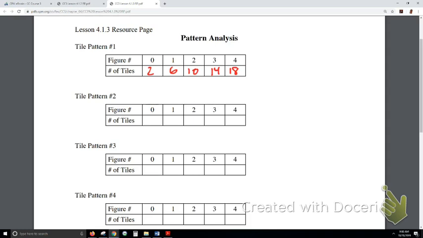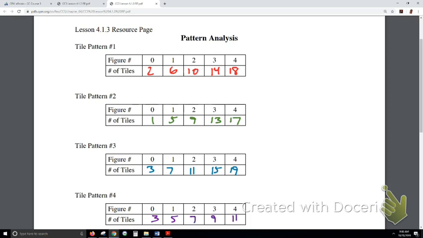For pattern number 2, we had 1, 5, 9, 13, and 17. Moving on, I'm going to change to a new color. Pattern 3 is 3, 7, 11, 15, and 19. And then the last one, pattern 4, we have 3, 5, 7, 9, and 11.